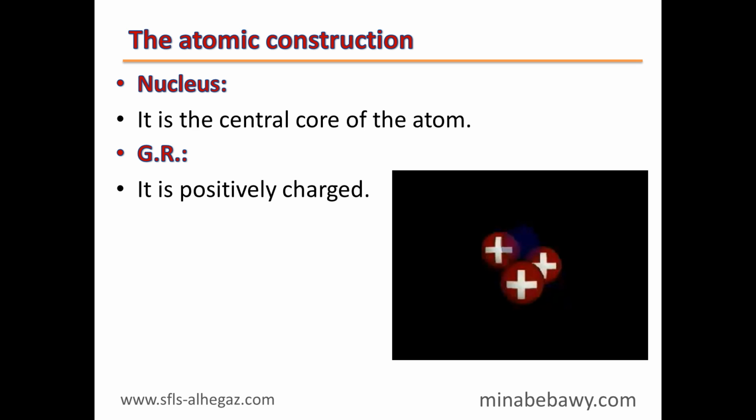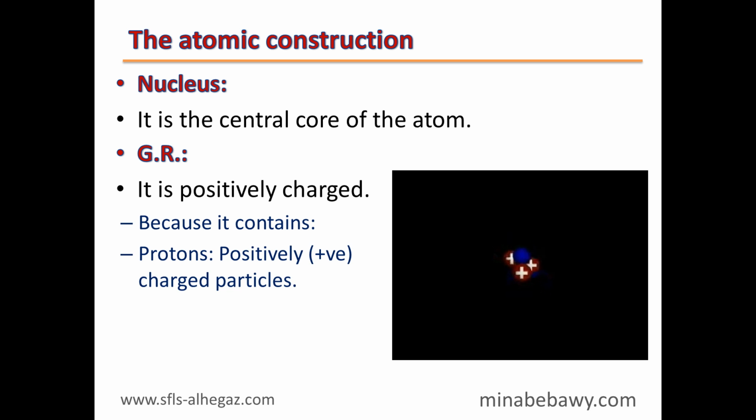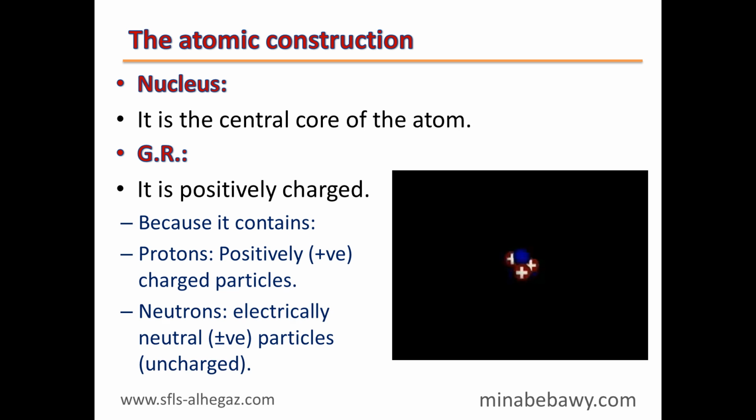Atom contains nucleus, and nucleus is positively charged because it contains, number one, protons, which are positively charged particles, and neutrons, which are electrically neutral, uncharged, zero charged. So they are neutral particles or uncharged. So the charge of nucleus is positive because it contains positive protons and neutral neutrons.